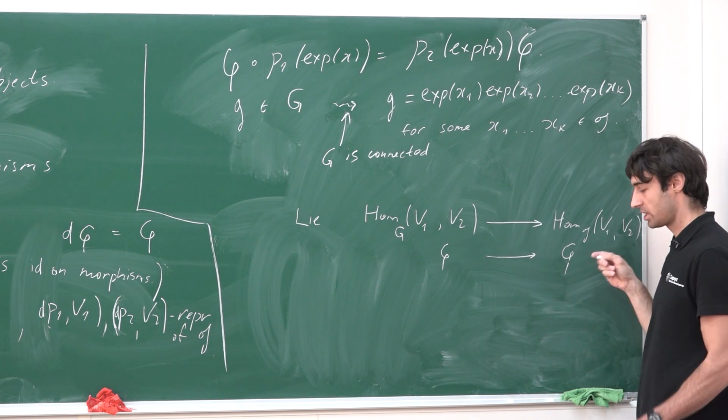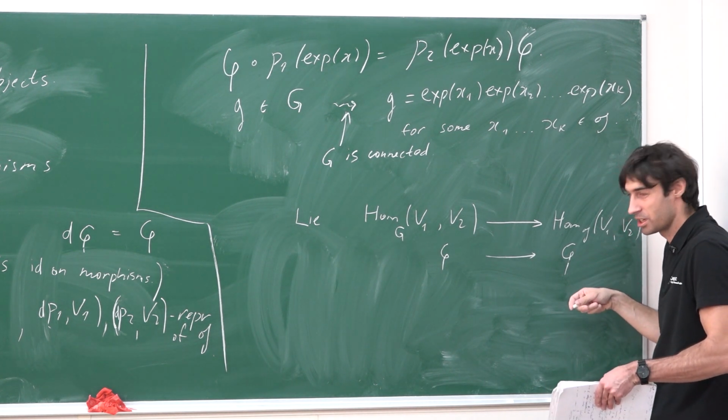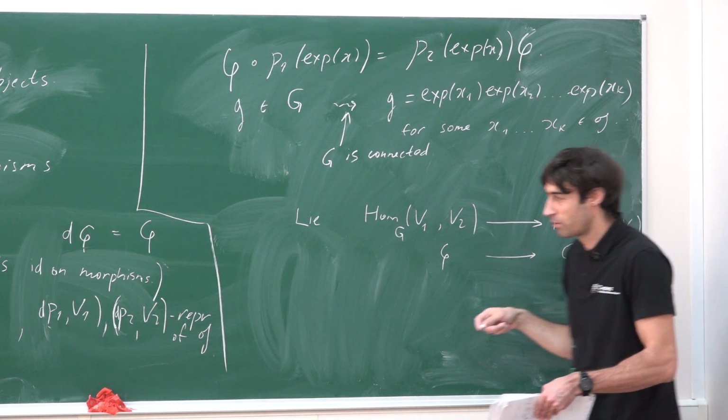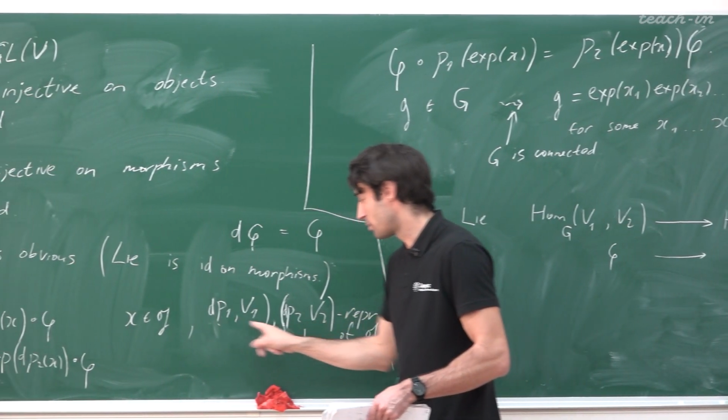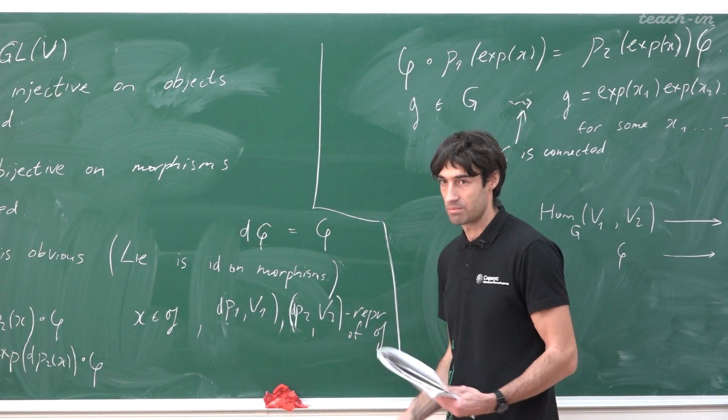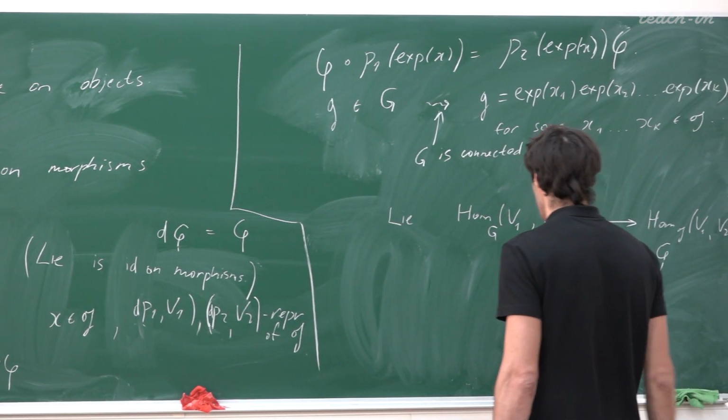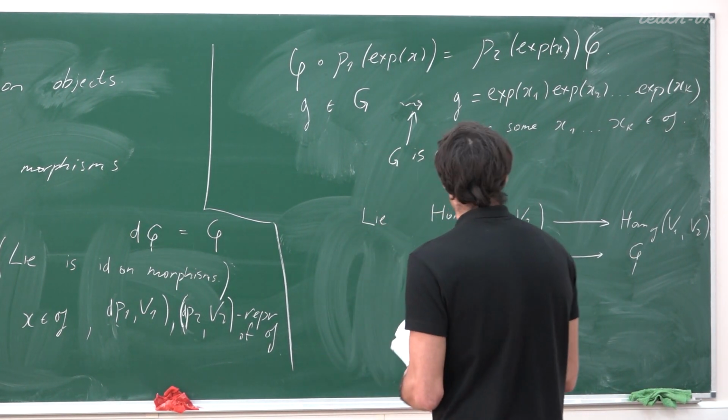But V1 and V2, in the beginning, were representations of the group, so they already came with rho 1 and rho 2.